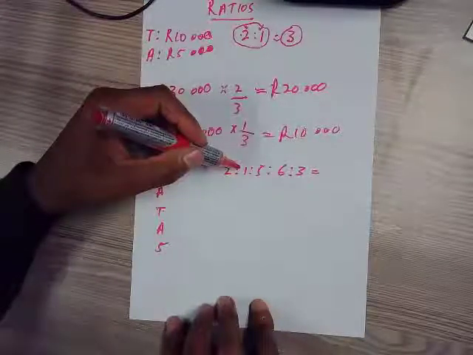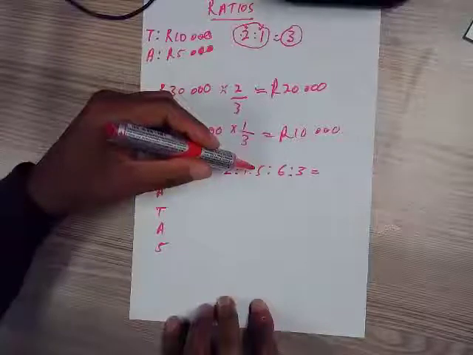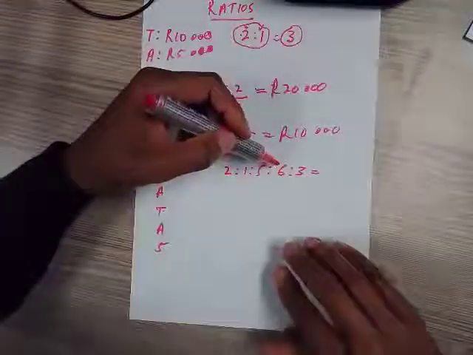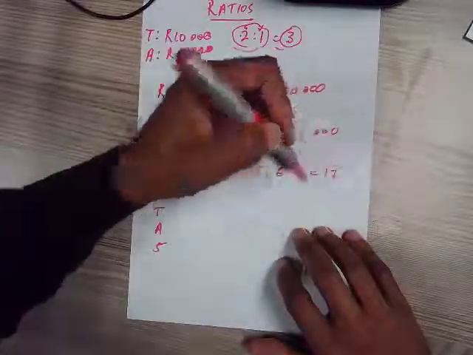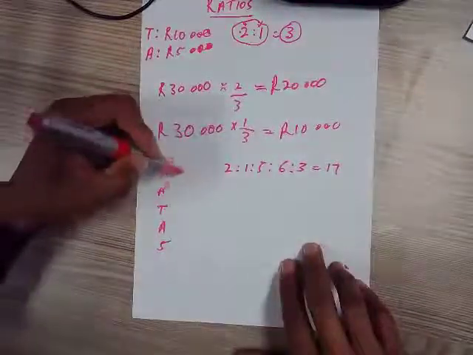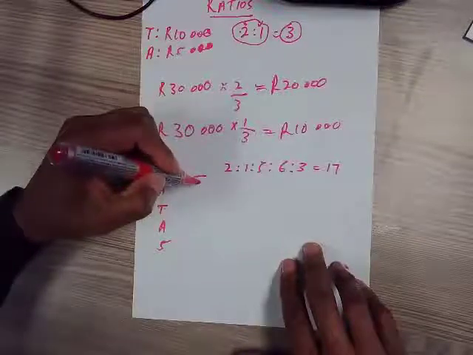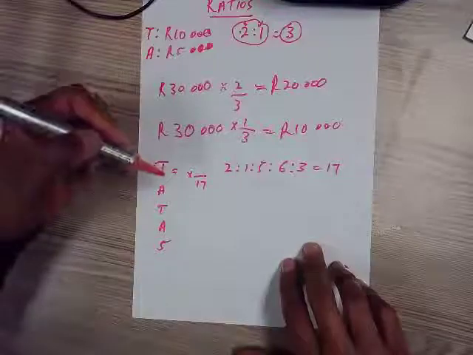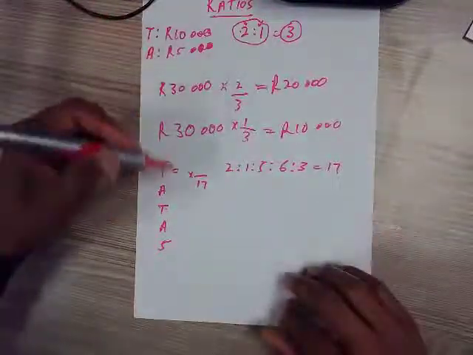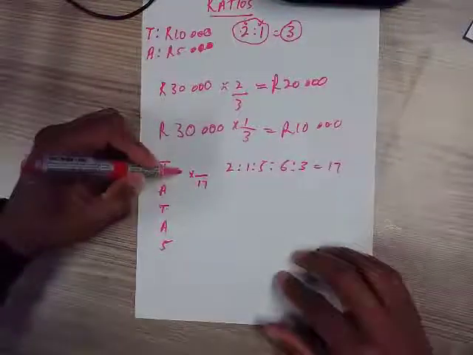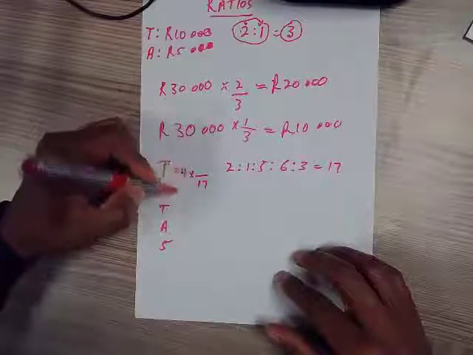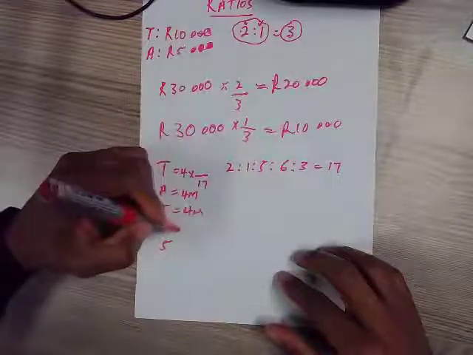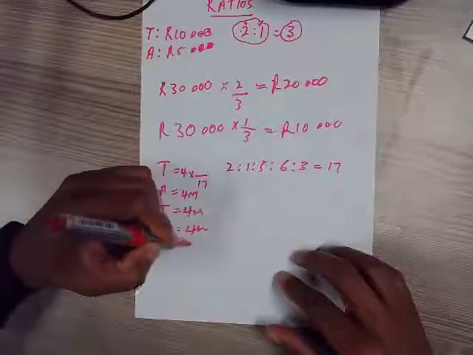2 plus 1 is 3, plus 5 is 8. 8 plus 6 is 14. 14 plus 3 is going to be 17. So everybody's shares you're going to calculate according to the denominator of 17, multiplied by the profit they've got, to know how much each has. Let's say it's 4 million.